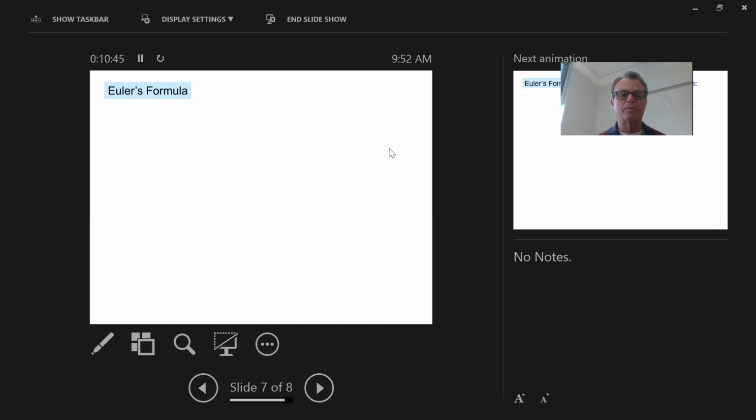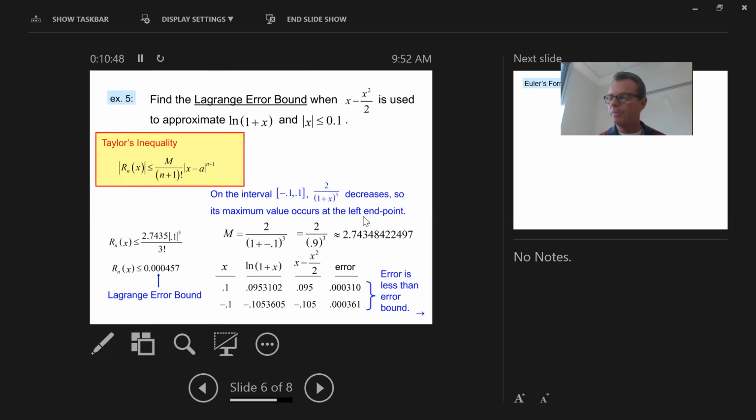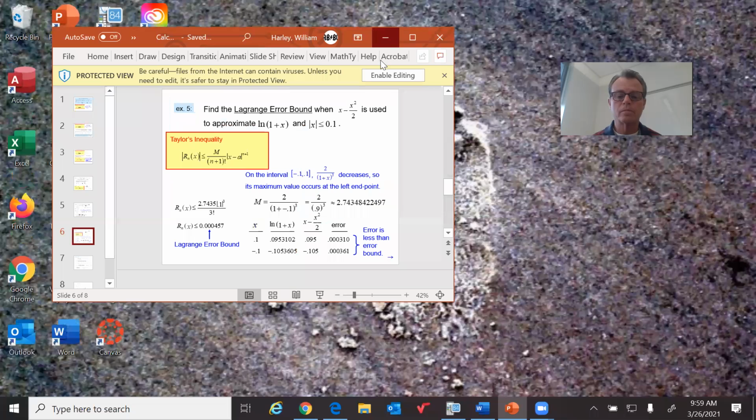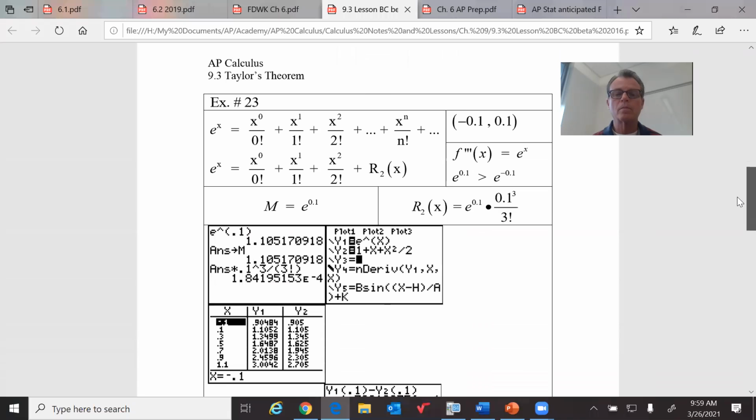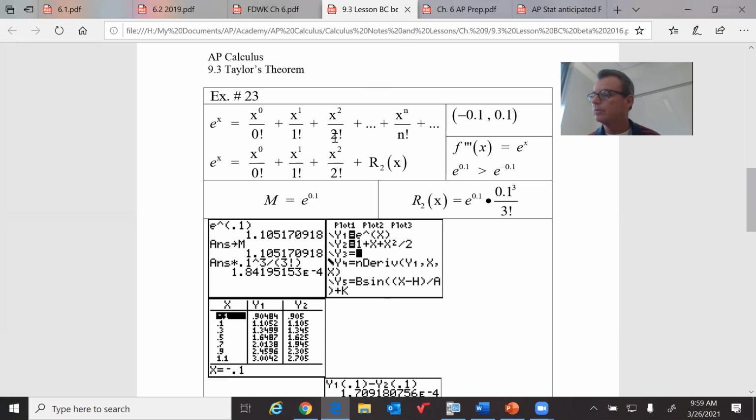So, back here. This is your model right up here, example 5. And we're going to pause the video and ask you to go to problem 23. All right, so let's pick up from there. This was given. Ready? You want e to the x from -1/10 to 1/10.